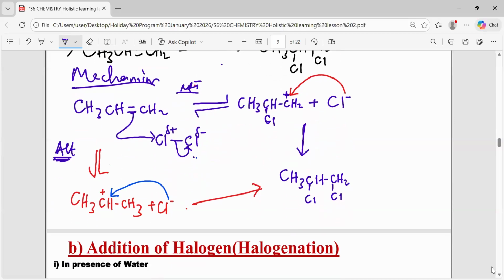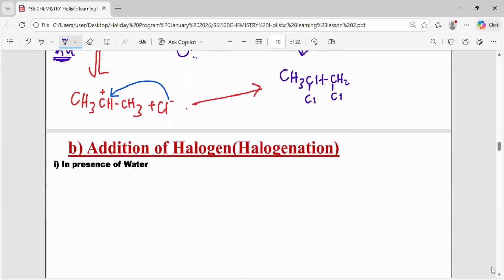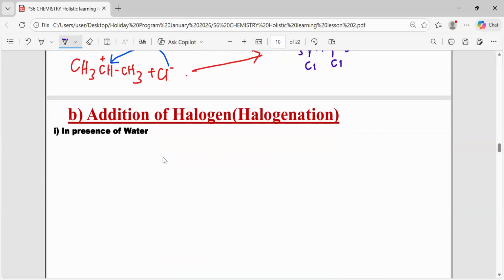Now remain on the call and take us through addition of halogen in presence of water. We are still on halogenation, but this time round it is in presence of water. I want us to use butene, but-1-ene. Maybe we can use bromine, or chlorine?